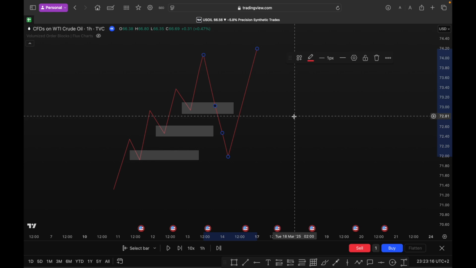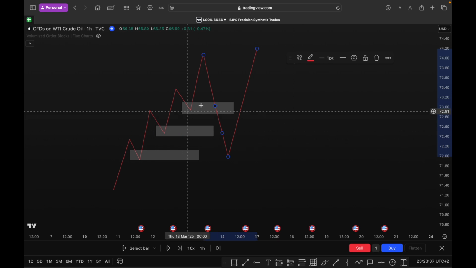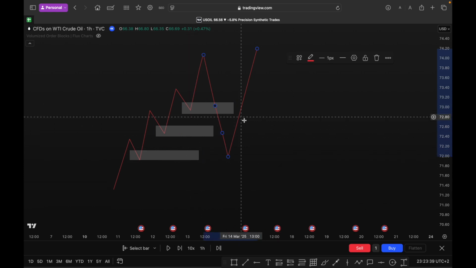But if you are a complete beginner and you are uncertain of how to identify which order block to use, or even if you are an advanced trader and you don't use order blocks and you want to start using them, this video is going to help you a lot to identify which order block to enter.